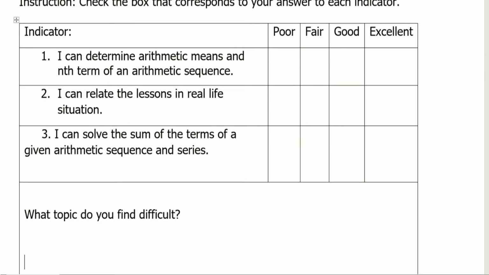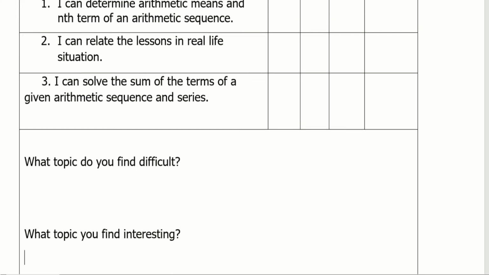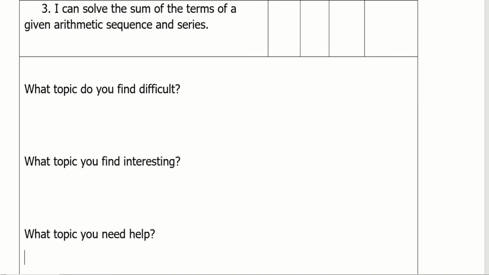So now we have presented the 3 questions in order for them to reflect on their learning on the certain topic. So now the question, what topic do you find difficult? So the question is an open-ended question that they can express their emotion or feeling towards the topic.